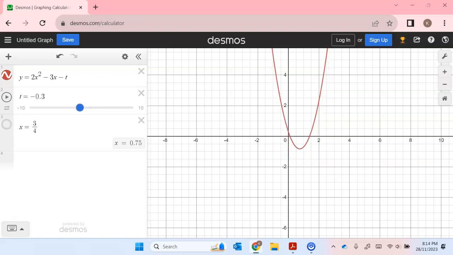As I go up, still twice, and then it just touches. Let's pretend it's touching there. So it has one solution, and as soon as it goes over, it doesn't have any solutions because it's no longer crossing the x-axis. This sort of concept we usually explore in our first SAC.